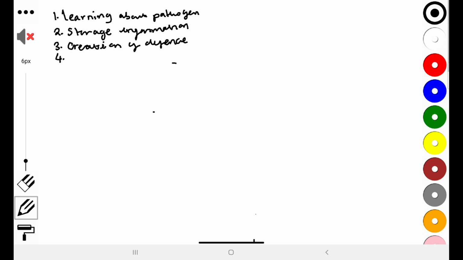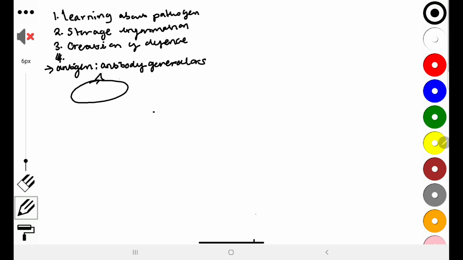All right. So let's just go through some terms. So we have antigen. We want to remember that these are antibody generators. So if you have a pathogen, this would be the antigens. And these are the ones that are going to help create antibodies.